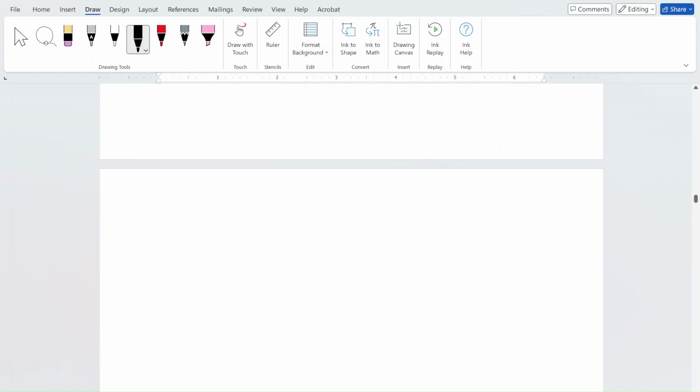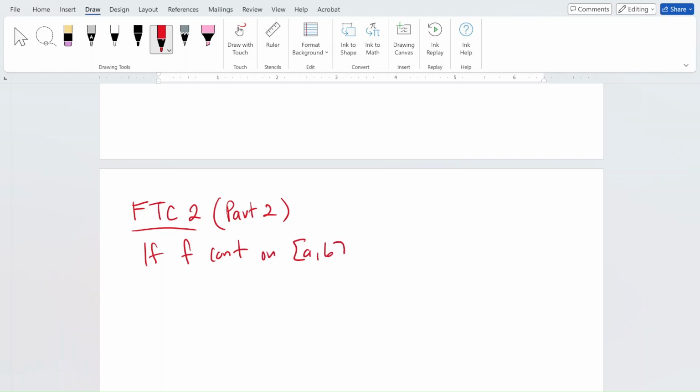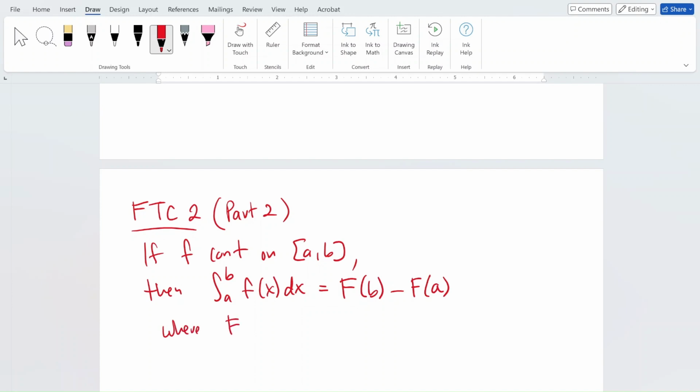Alright, now let's talk about the fundamental theorem of calculus part 2. First of all, it says if you have a continuous function on a to b, then the integral from a to b of f of x dx is equal to capital F of b minus capital F of a, where capital F is any antiderivative of lowercase f.